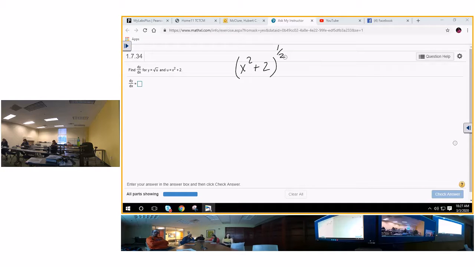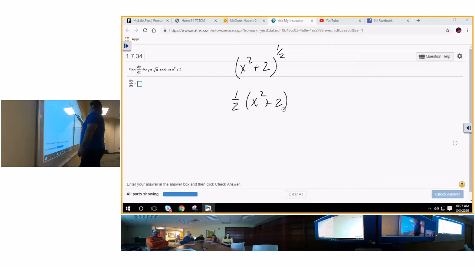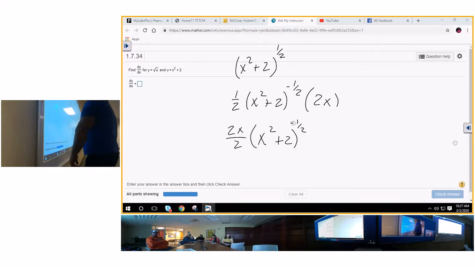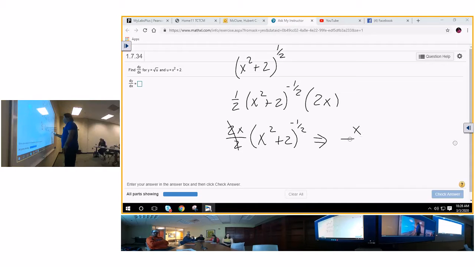And that's going to be 1/2 x squared plus 2 to the negative 1/2 times 2x. 2x over 2 times x squared plus 2 to the negative 1/2 power. That goes out. So that's going to give you x over the square root of x squared plus 2.